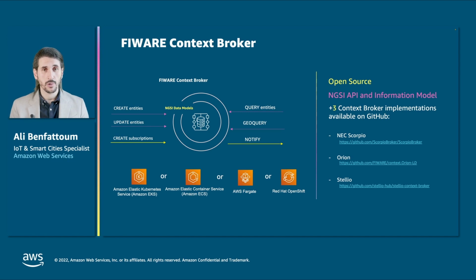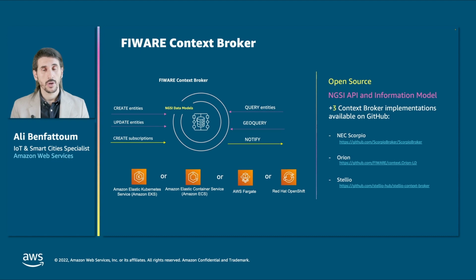It provides geolocated queries capabilities as well as a subscription mechanism, enabling an independent module like a mobile application to query data filtered by geographical location, but also to be notified with a given frequency or when changes on data take place. For example, you could notify an external system or an application when an air quality measurement is above a specific threshold value. The context broker complies with the NGSI specification and is open source.